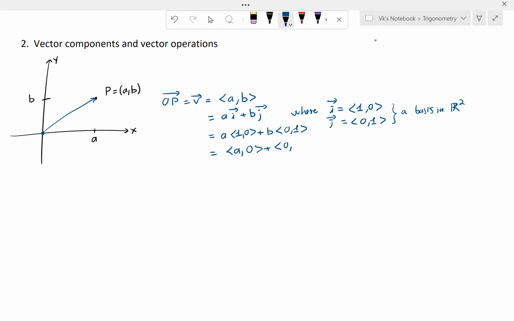B times 0 is 0, B times 1 is B. And to get the vector (A, B), we have to add A to 0 and 0 to B. That is, we add them component-wise. So this will give us (A, B). Pretty cool. This little example also shows us how we define vector addition.